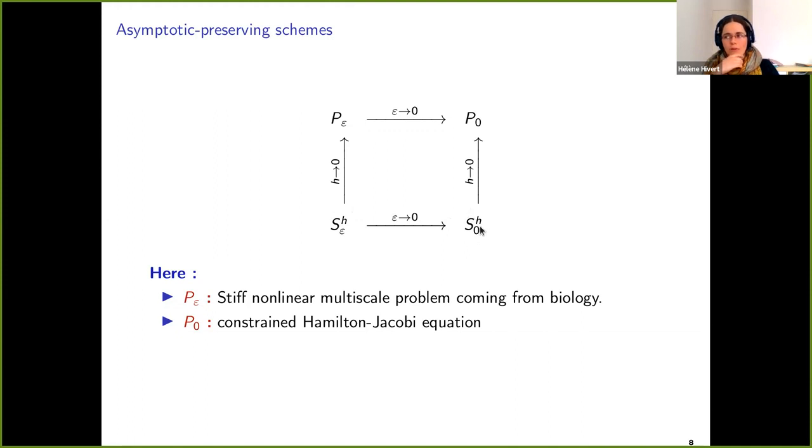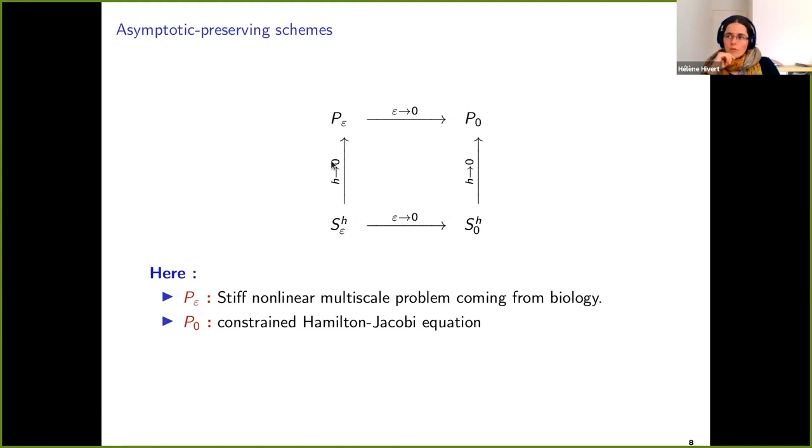And moreover, and this is an additional property, you could be stable in the transition as epsilon goes to 0, but not a good scheme for the limit problem. So in addition, you require the limit to be a good scheme for the limit problem. Okay.